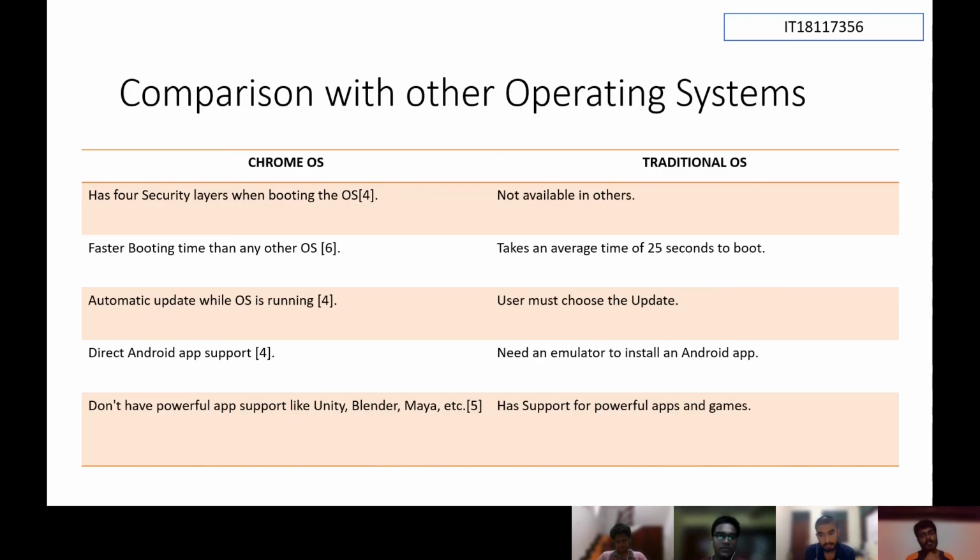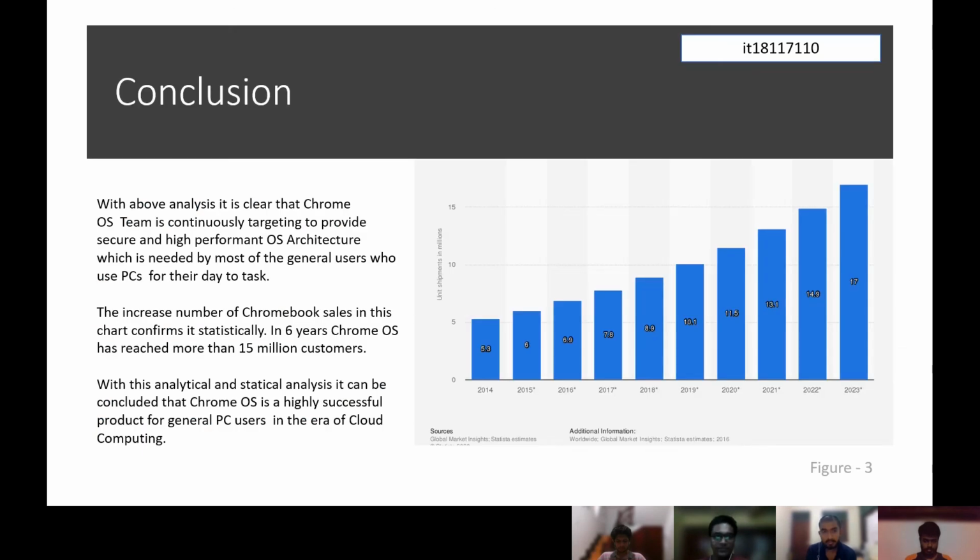This is the overall comparison between Chrome OS and traditional OS. Chrome OS has 4 security layers, but others don't have those. The other points I have told you in the previous slide.